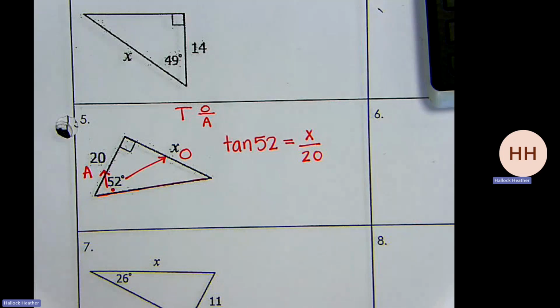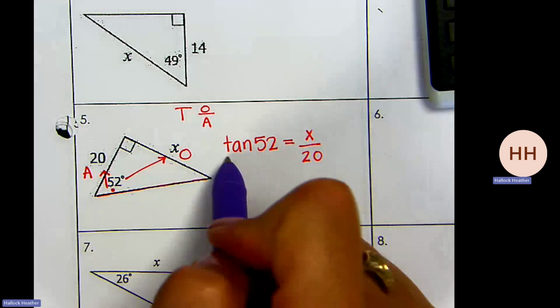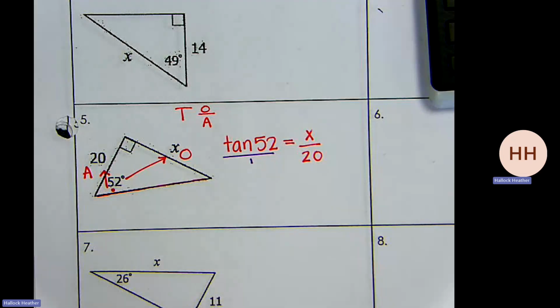And then it's the same process as yesterday, same process as number one. I'm going to make tangent into a fraction. So take a second, put it over 1, cross multiply.